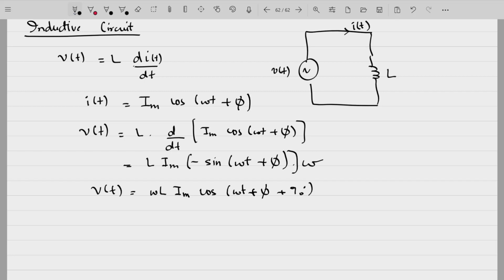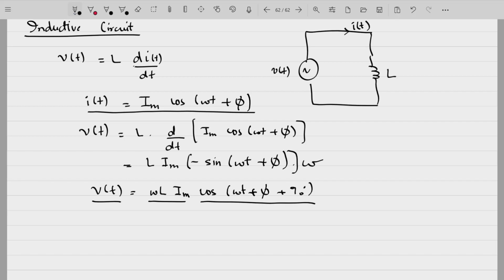So we actually derived this last time also, what the phasor relationship will be for a differential term. So now what is the voltage across an inductive element? It is omega L Im cos of omega t plus phi plus 90 degrees, if the current through the inductive element is Im cos of omega t plus phi.